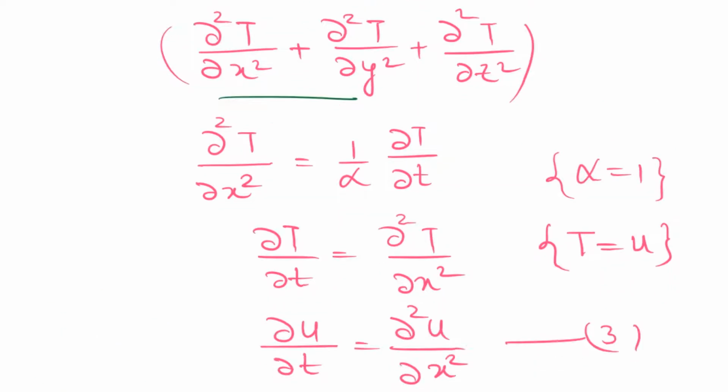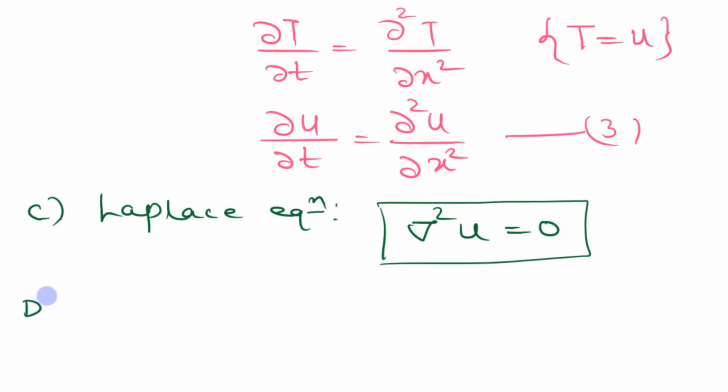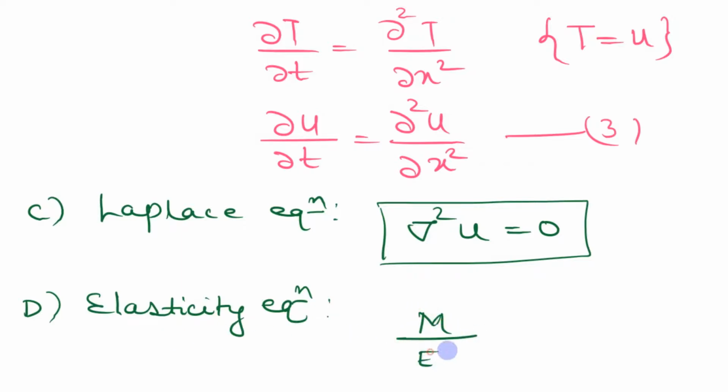Now option D is elasticity equation, which is of course incorrect for this problem. The elastic equation is given by M/EI = −d²y/dx². So this is the elastic equation.